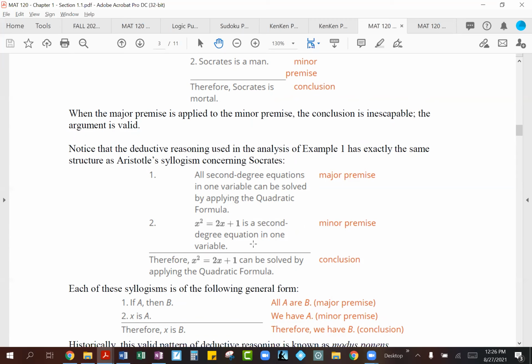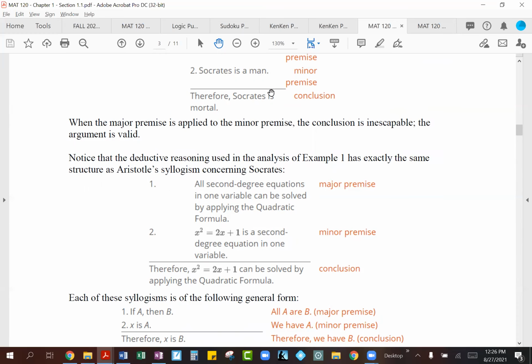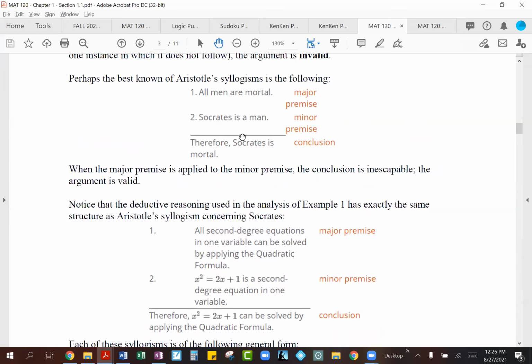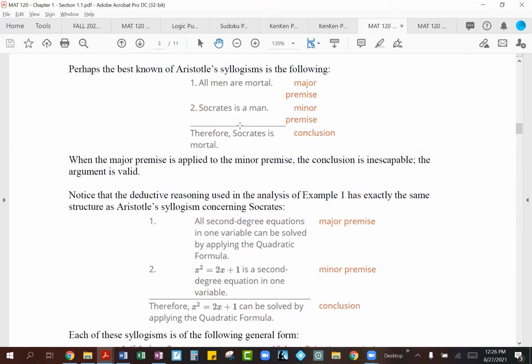And then we're getting it down to specific, and we're saying x squared equals 2x plus 1 is a second degree equation, which means this equation can be solved by the quadratic formula. So that's on the same basis that you have this syllogism here, based on one of Aristotle's most famous syllogisms that's out there.